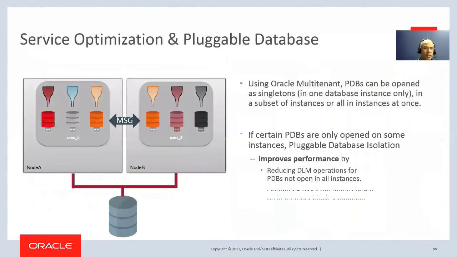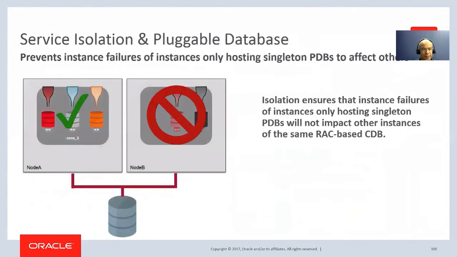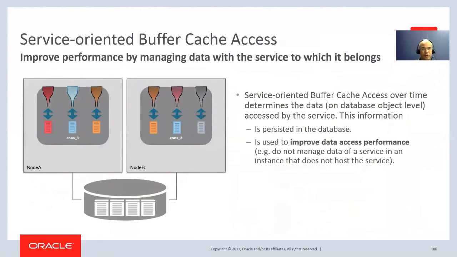Essentially, we now store what we call the relationship between which service causes which buffer to be loaded in the cache. Let's say you have a couple of services, a sales service and an accounting service. When you access some table via the sales service, the relationship between the blocks you access and the sales service would be stored in the data dictionary.